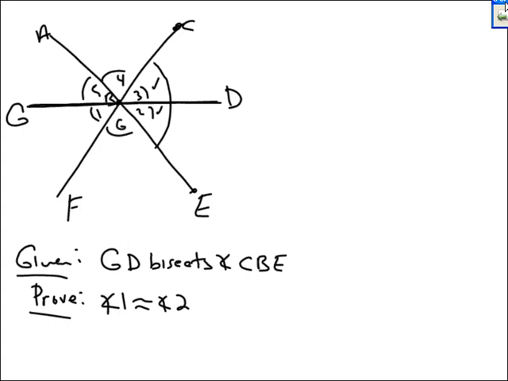But if you just look at this portion, if you just look at this line and that line, you would notice that angle 1 and angle 3 are equal. So we know 2 and 3 are equal. And we know that 1 is congruent to 2. Sorry, we don't know this yet.